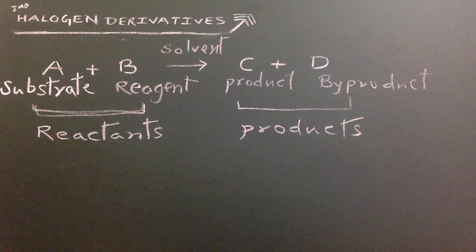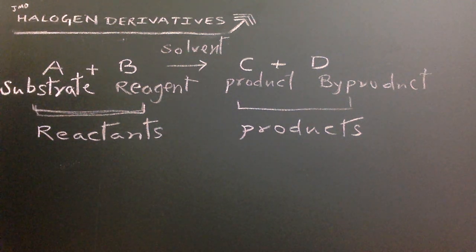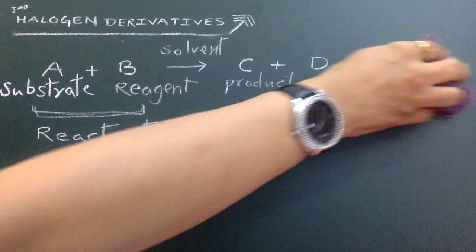So once again, with A I refer to substrate, with B I mean reagent, with C I mean product, and D means the byproduct.